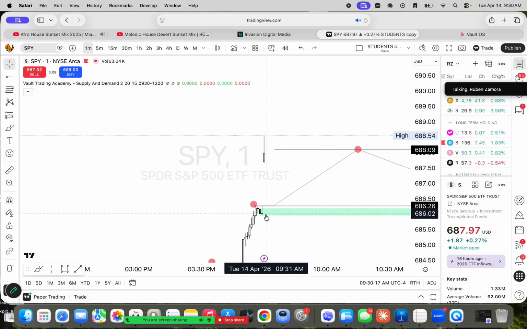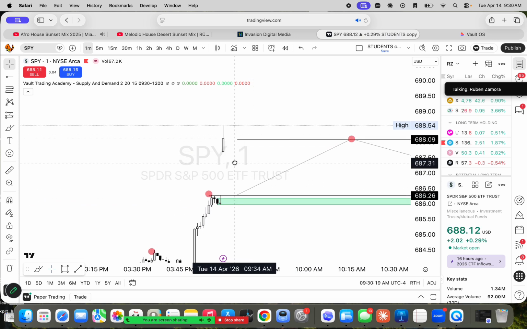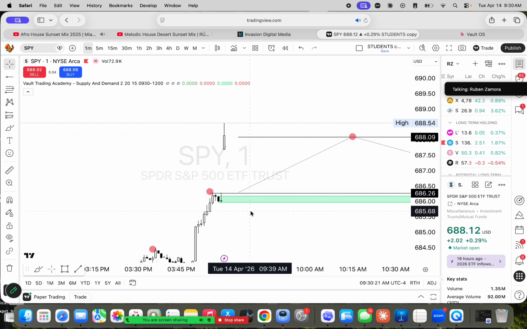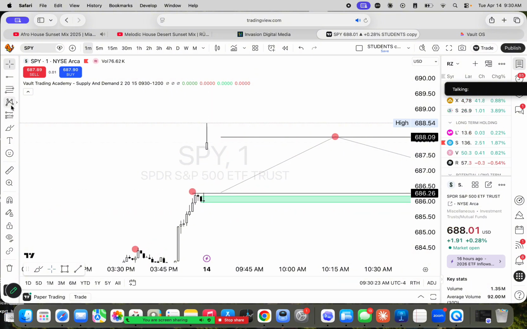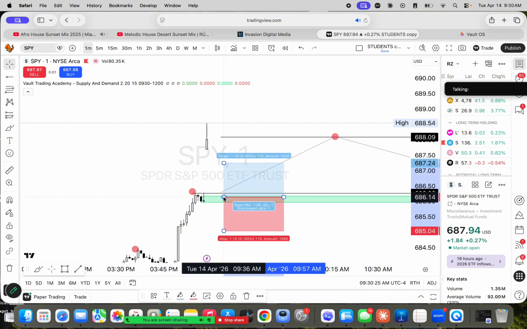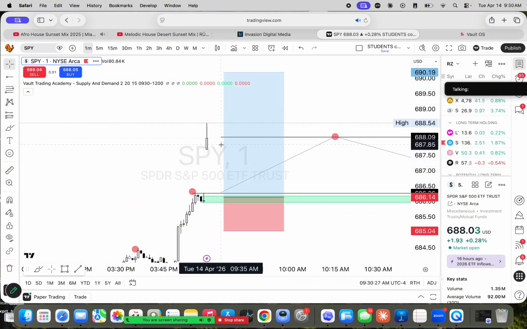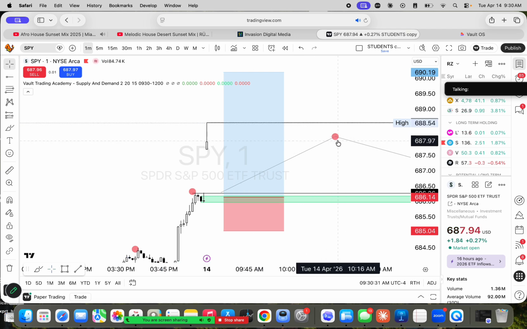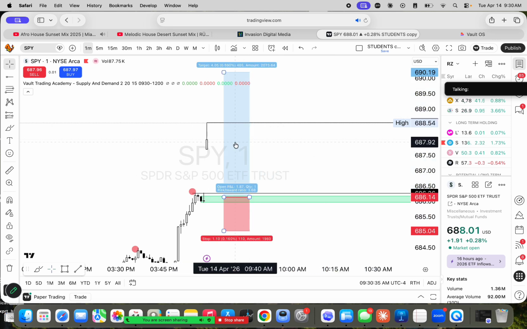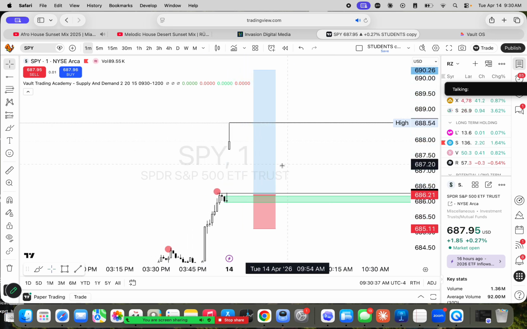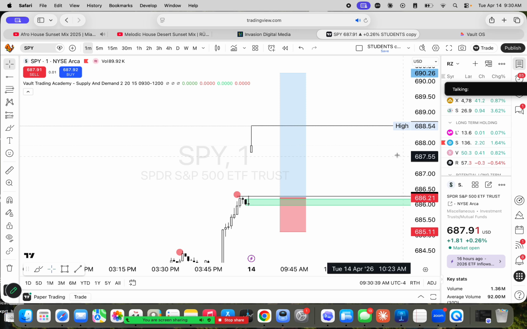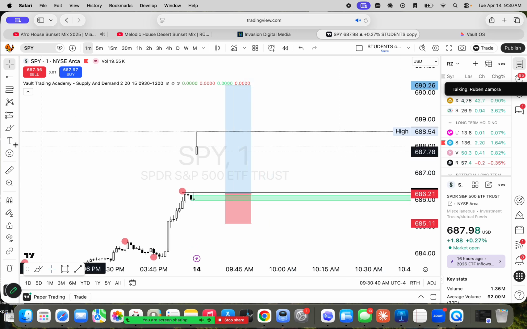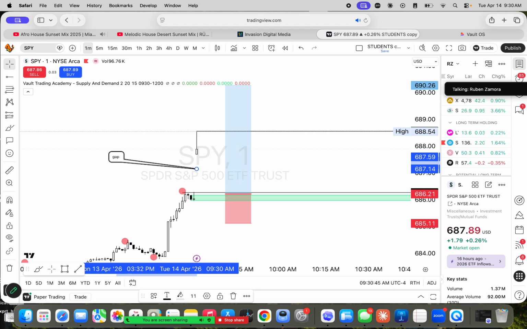We have a clear demand down here, but I don't think we're going to come back down to here, but we'll see. And if it does, that's fine. But I want to see something that can shoot the market up. So right now we got a gap. Let's do that real quick.